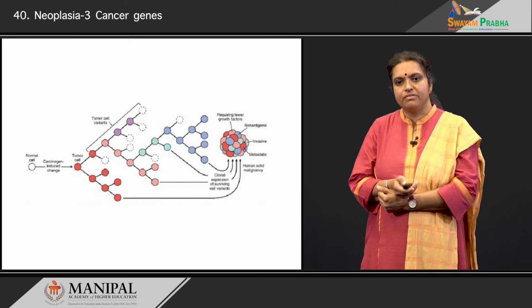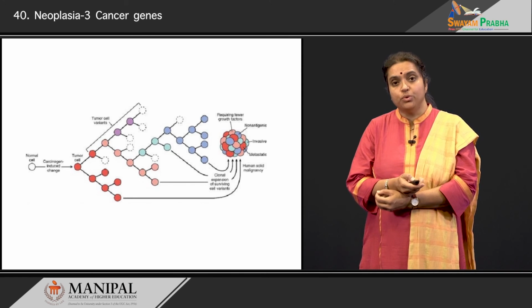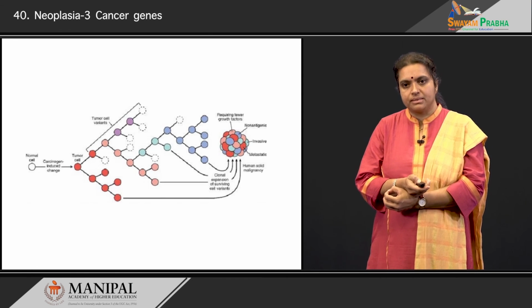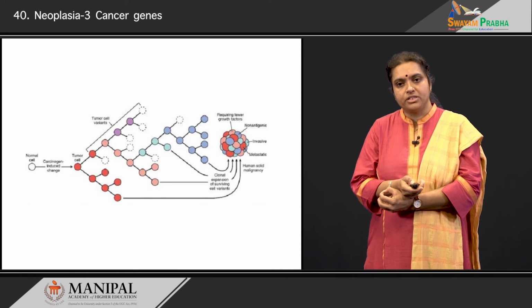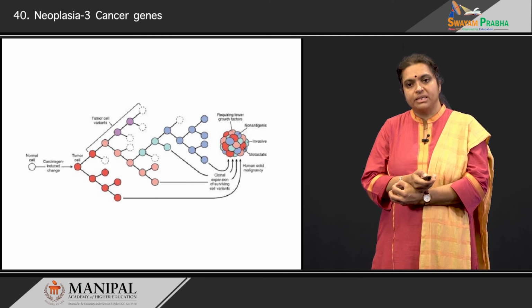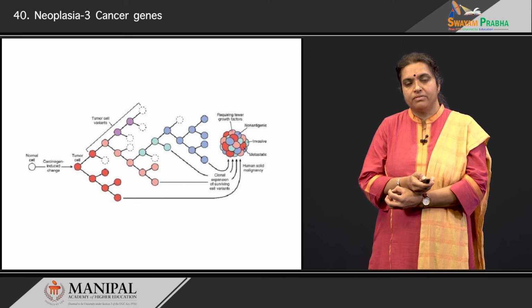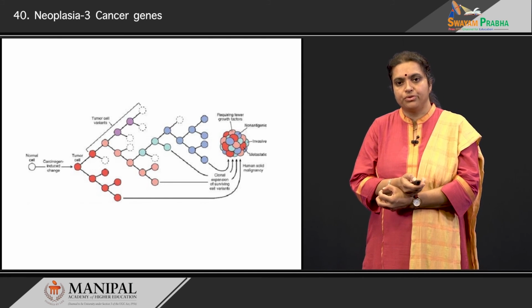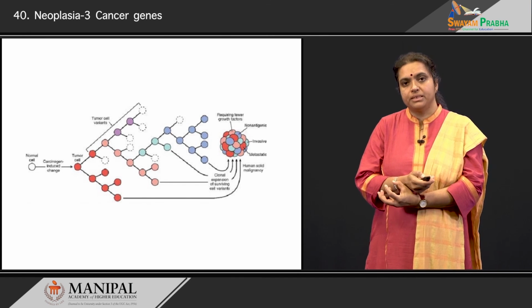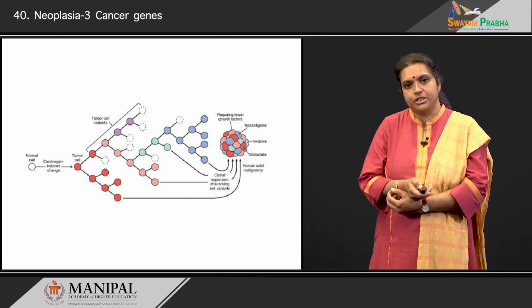Because they have developed different mutations trying to overcome certain obstacles, some have become non-antigenic, some have become invasive, some clones have the metastatic potential and some clones have an increased sensitivity to growth factors. So, that is how within the whole tumor there are different subclones of cells with different mutations.